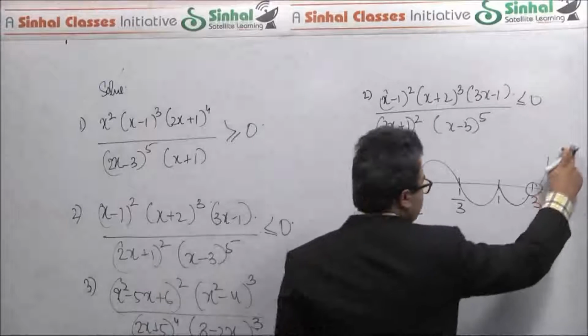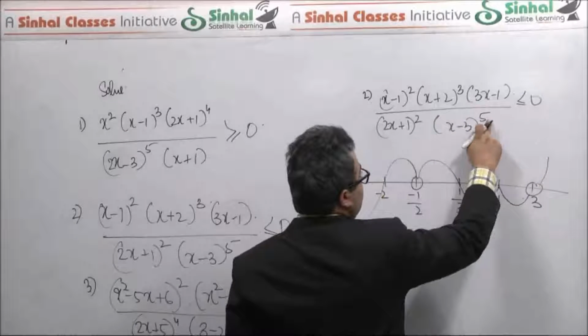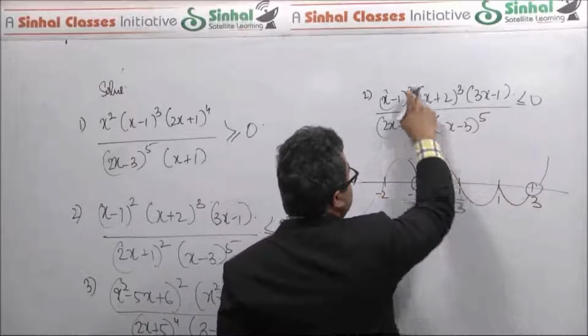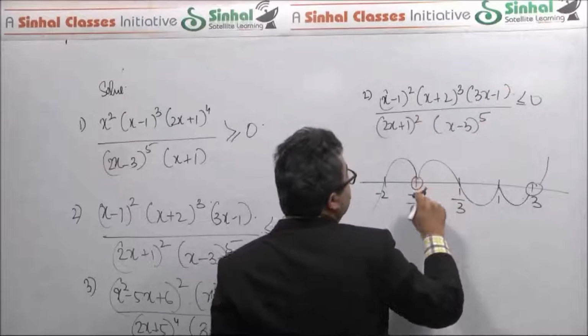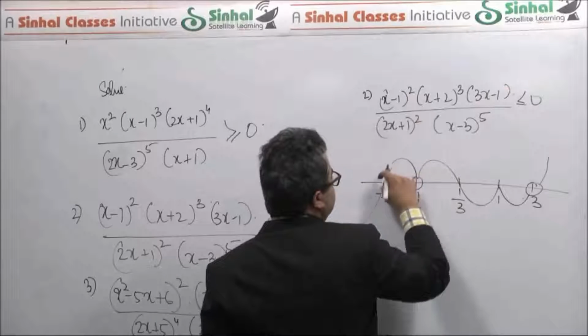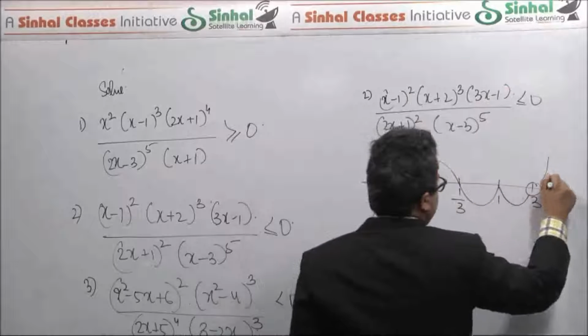Again, we come from the rightmost interval, from above. At 3, odd power, cross. At 1, even, bounce back. At 1/3, odd, cross. At -half, even, bounce back. At -2, odd, cross.